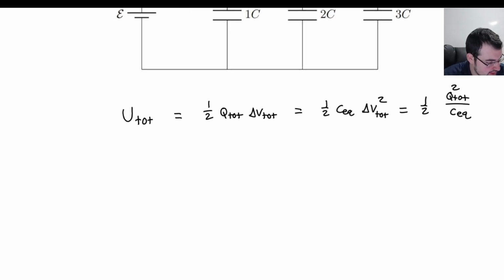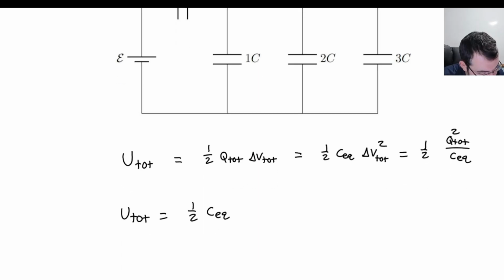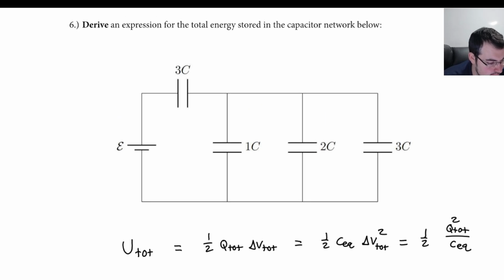So we're going to be interested in that because we know that our total energy stored by the network is going to be 1/2 times CEQ times, what is delta V total? Well, delta V total is how much voltage drop is across all the capacitors combined. Well, I'm connected to a battery, so it is just battery voltage. All right, what's CEQ? Let's figure it out.